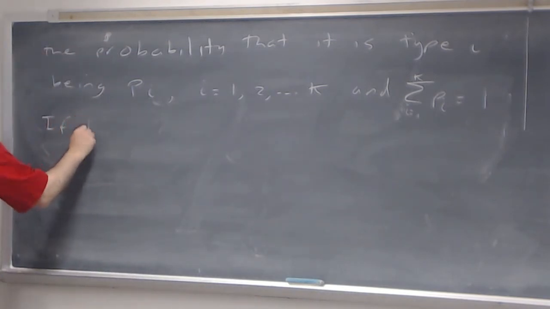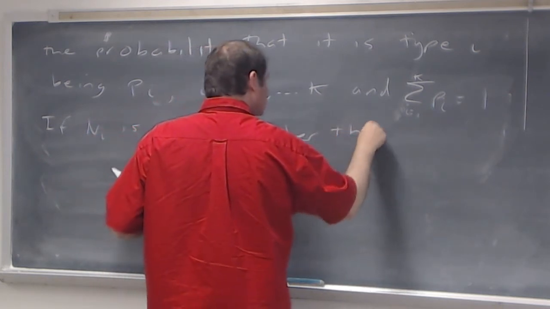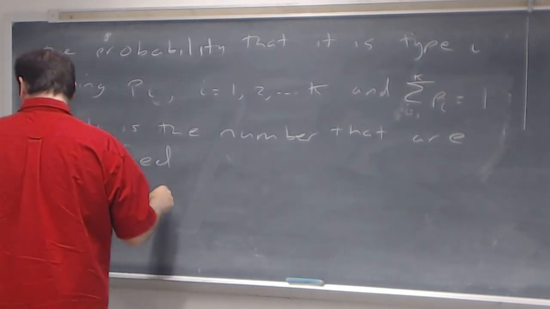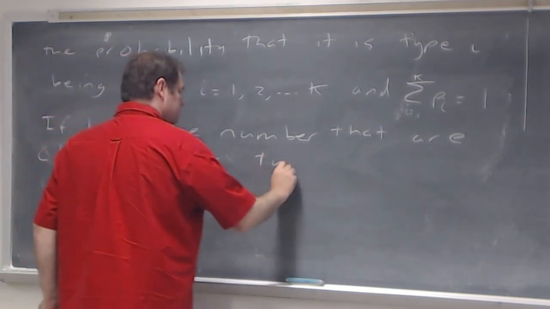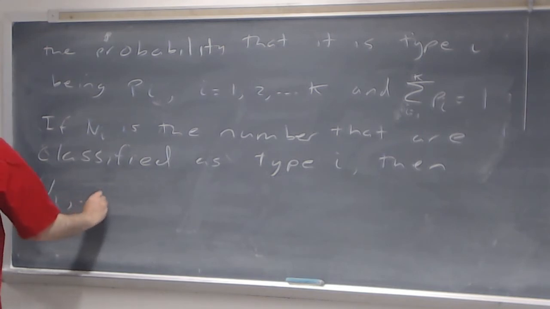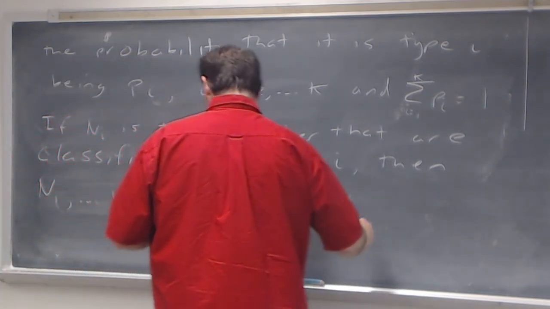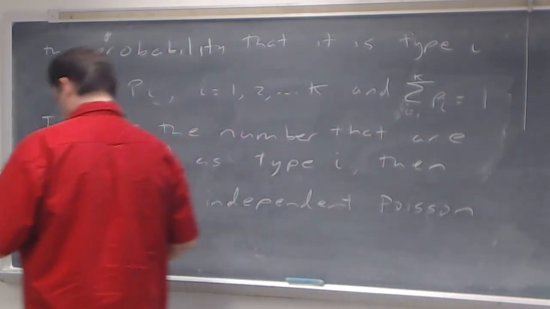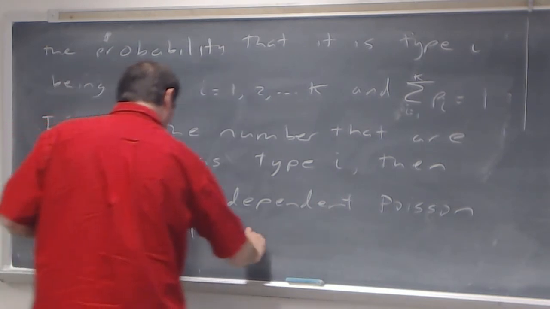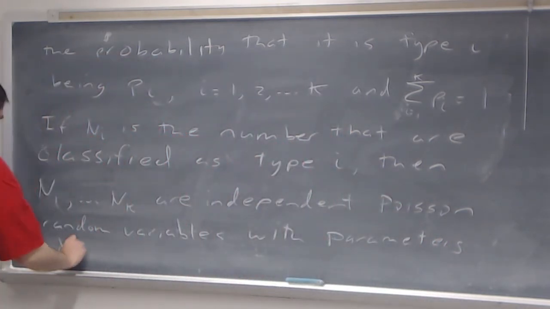So if N sub i is the number that are classified as type i, then N sub 1 up to N sub k are independent Poisson random variables with parameters lambda p sub i.